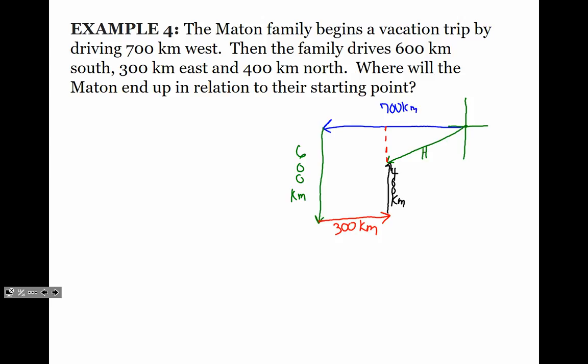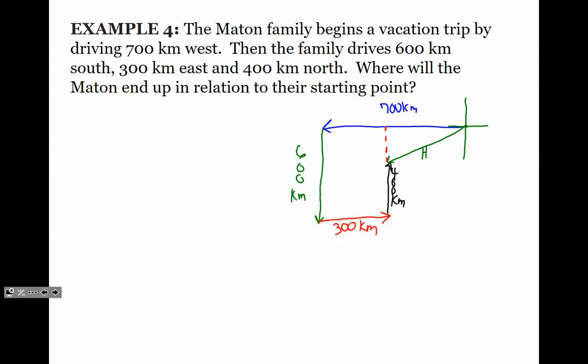I know how to do that. But finding my A and my B is very, very easy. It's very simple math. So I know that this total blue distance right here, or top line, is 700 kilometers. And the one on the bottom, the red one that says 300 kilometers, I know that that stops right here. So the difference between 700 and 300 is 400.